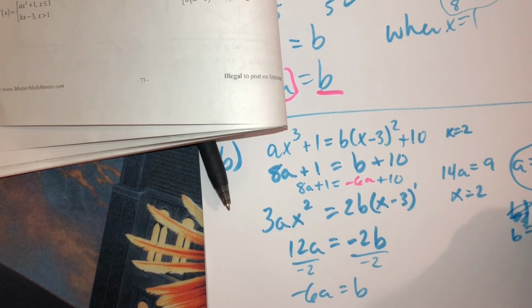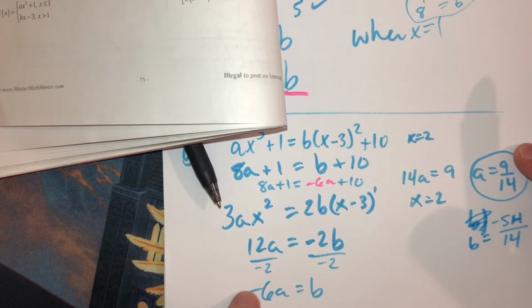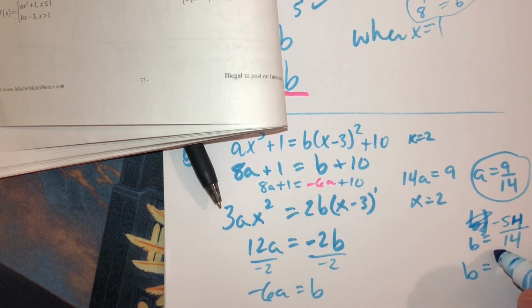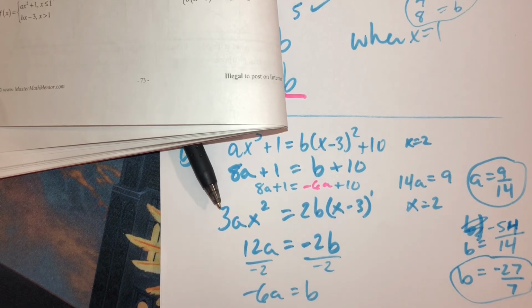So b is equal to negative 54, because I just did the 9 times the 6 with the negative, divided by 14. Those are both divisible by 2, though, so I could say negative 27 over 7. And if memory serves, these are right.